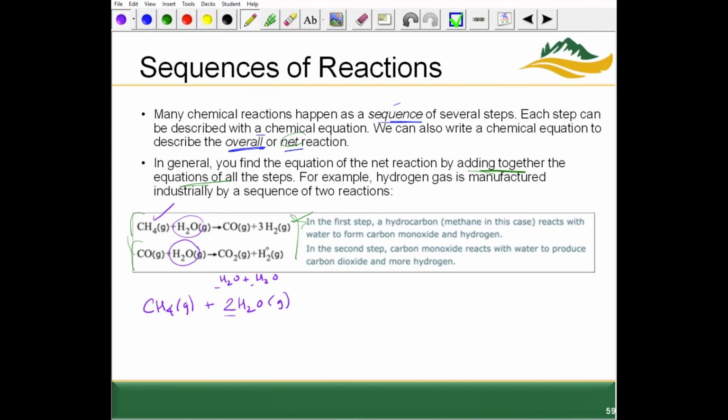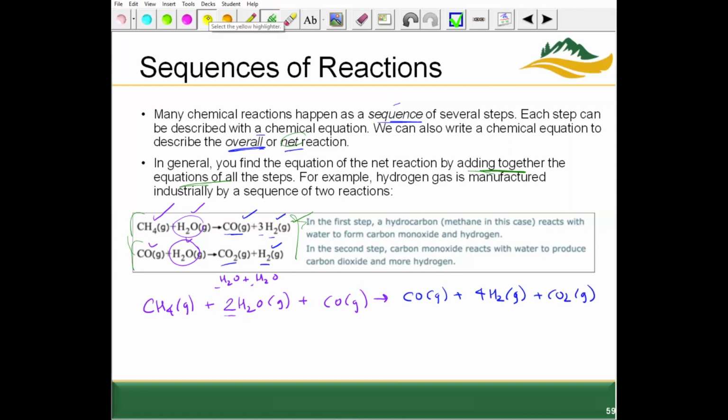You shouldn't forget the state of matter here either. Plus CO gas finishes up what we have on the reactant side. Then we have CO. Then we have 3H2 plus another H2. That adds up to 4H2. Then we have carbon dioxide remaining.